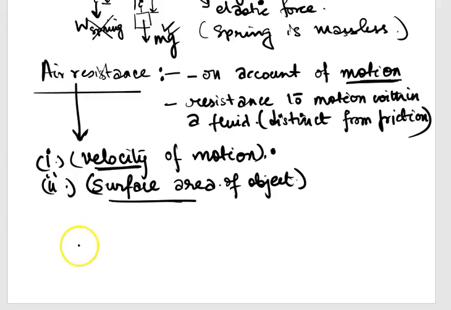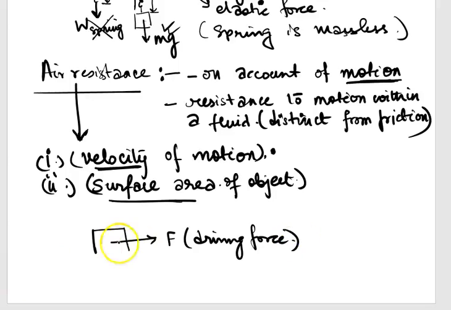How, you ask? Because when a car is moving, say in the forward direction, that's the driving force F of the engine, and this is your air resistance R. So by a knowledge of forces, we know F minus R equals ma.